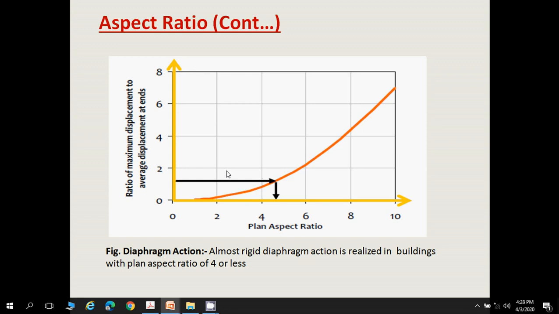This can be achieved if the building aspect ratio is up to 4. From this picture it is clear that if the building aspect ratio is limited to 4 or less, then the ratio of maximum displacement to average displacement is 1.5, and if the aspect ratio keeps increasing up to a maximum of 10, then the ratio of maximum displacement to average displacement at the ends will be equal to 7, which is not good practice.